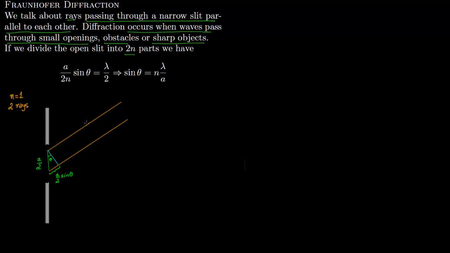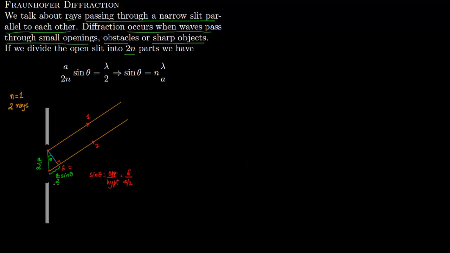So you have 2 rays, ray 1 and ray 2. The distance between ray 1 and ray 2 is, say, a by 2, and this angle is theta if this is 90 degrees. Then you can see this difference delta. So delta is equal to a by 2 sine theta, or you can say sine theta is equal to opposite side over hypotenuse, and the opposite side is delta, hypotenuse is a by 2.